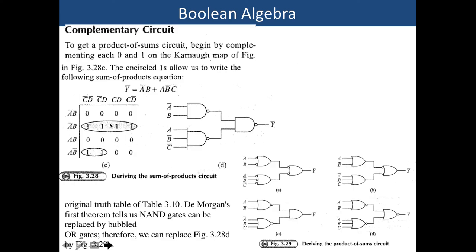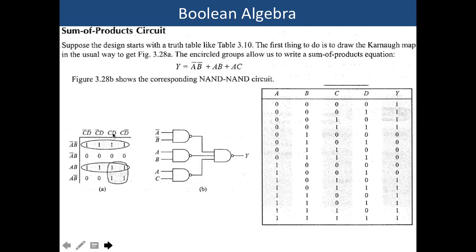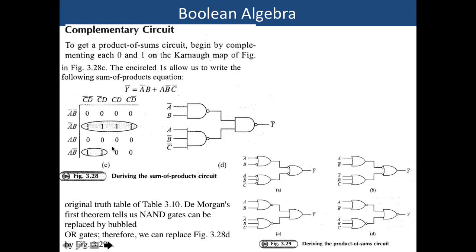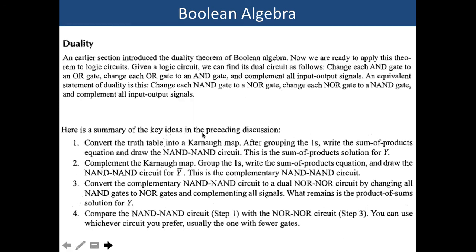So this is the complement from this K-map. Again write the equation. Again make the complementary NAND circuit. Convert the complementary NAND circuit to the equal dual NOR circuit by changing all NAND gates to NOR gates and complementing all signals.